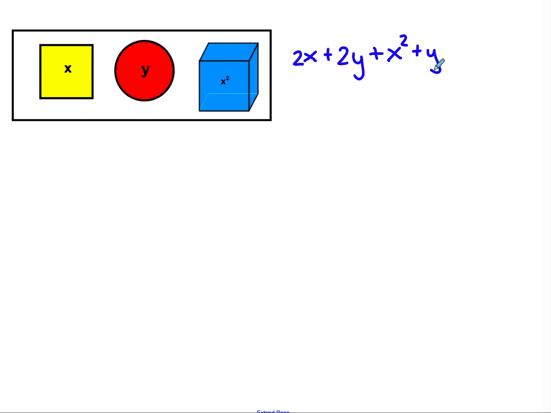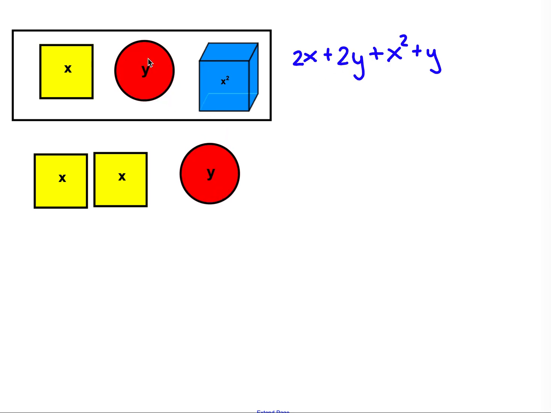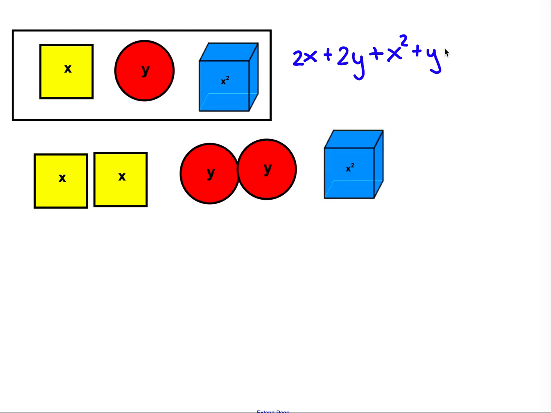Okay, that's my expression that I need to simplify. And simplify with expressions means find and combine the like terms. So I'm going to start by just pulling out the shapes. 2 x's. So I need 2 of these. 2 y's. X squared, and there's not a number in front, so that just means 1x squared. And then 1 more y.